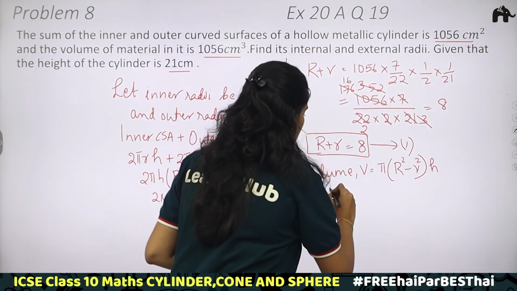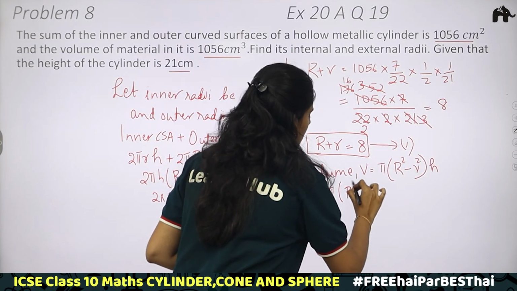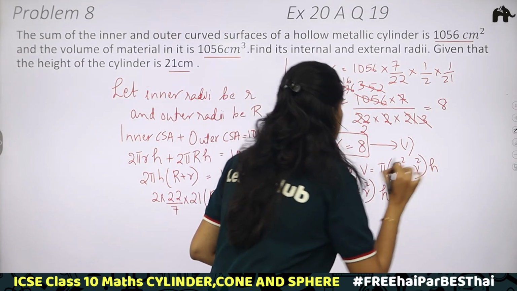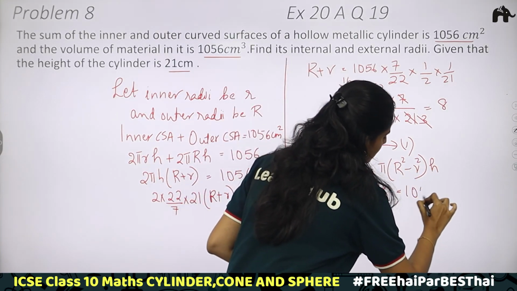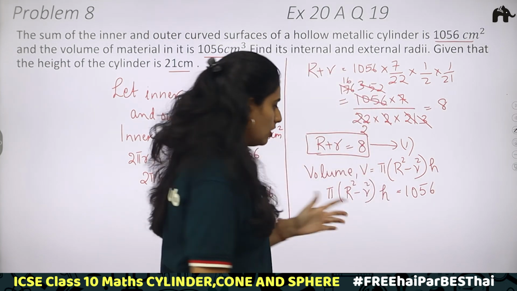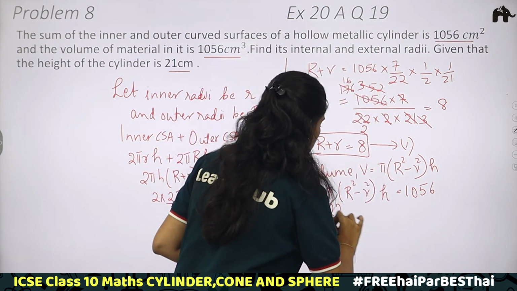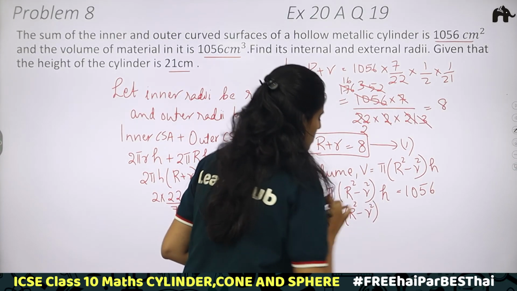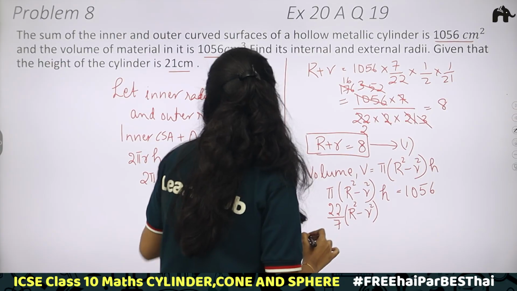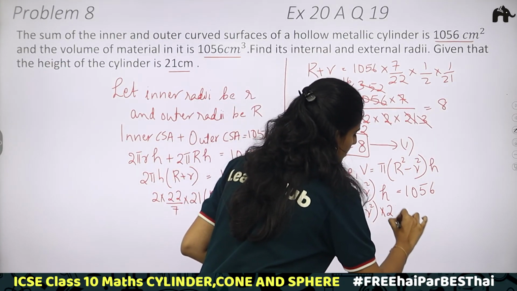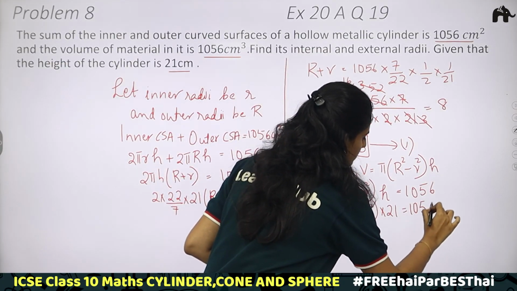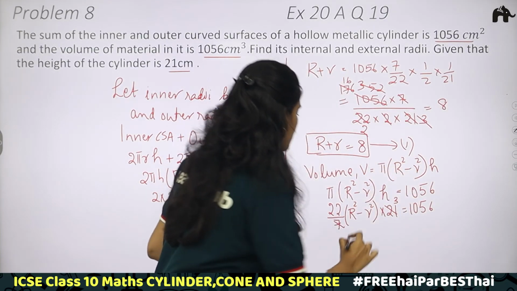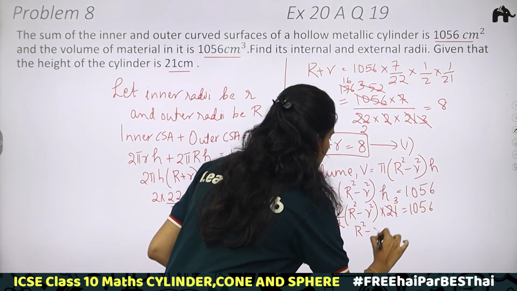Value is given, pi into capital R square minus r square into h is equal to again 1056. Now substitute the values. 22 divided by 7 into R square minus r square into h, h is equal to 21, is equal to 1056. 7 and 21 can be cancelled. We get 3 here.